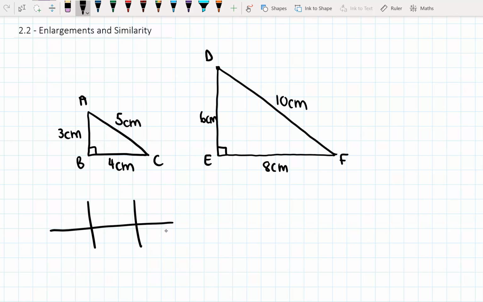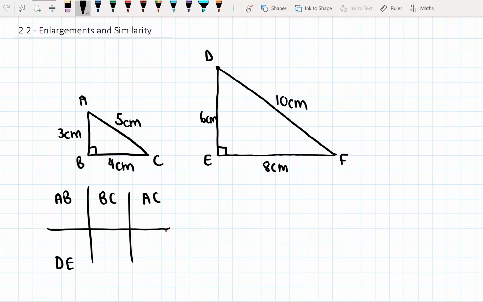In our ratio table, we have side AB, we have side BC, and we have side AC. In the bottom part of our ratio table, the equivalent of side AB is side DE. Those are the same sides.